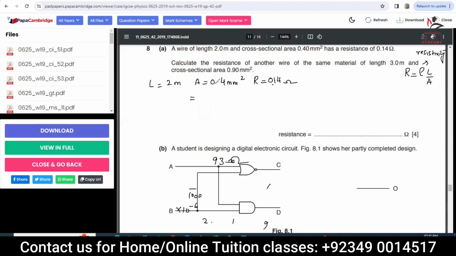First thing first, you need to convert this area into meter square. So how to do this? 0.4 into 1 upon 1000 multiply by 1 upon 1000. Why 1000? Because I have already told you 1 meter is equal to 1000 millimeter. And 1 millimeter is equal to 1 upon 1000 meters.